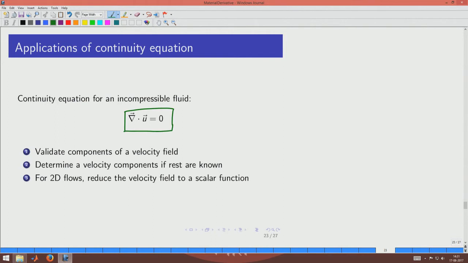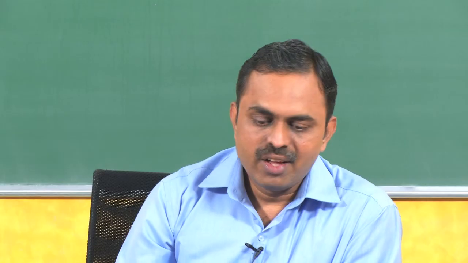Which means that you could actually plug in any velocity field you have and check whether the divergence is 0. If that is satisfied, it is a valid velocity field for an incompressible fluid, and if you do not get 0, then you may suspect that maybe it is not for an incompressible fluid. Very often that is how you can find out mistakes in the velocity field when you write it down.